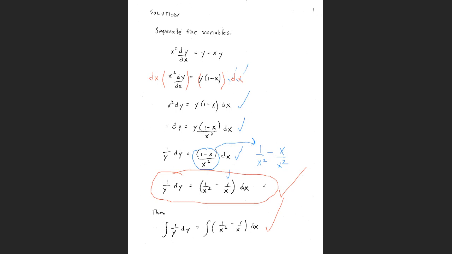If I integrate the left side of the equation, I have to integrate the right side of the equation. Okay. Well, and now let's go to the next page.